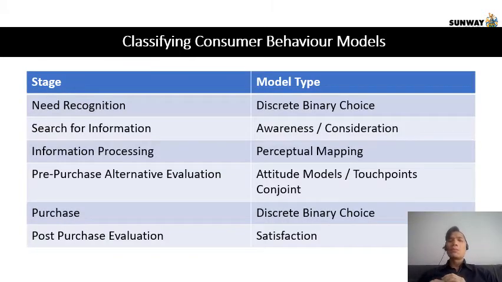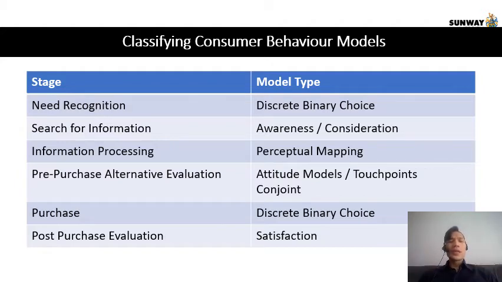If you were to classify the stages of the consumer behavior model in terms of the model types we can use in marketing analytics, you would understand need recognition in terms of discrete binary choices, whether they prefer or not prefer. Search for information is kind of like awareness or consideration. They process their information, and this is where they have the alternatives and find what kind of products are appealing to them.